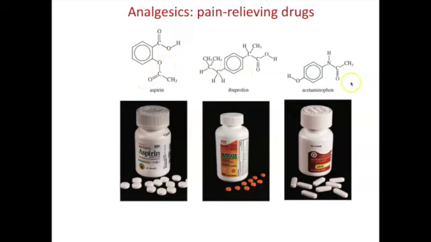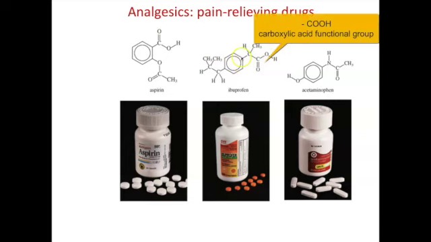So ibuprofen and acetaminophen are very similar, and it's also why these have taken over and are more effective analgesics than aspirin, because what's slightly different is the two groups are on either side of that benzene ring. So here is a group on this side that has the carboxylic acid a little further out from the ring.